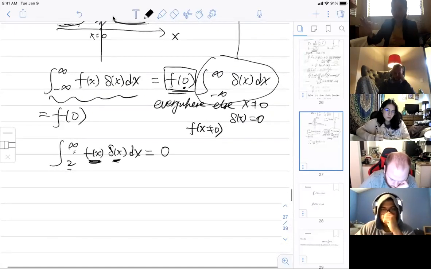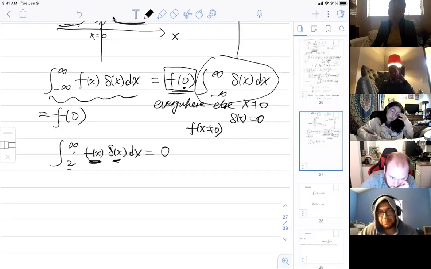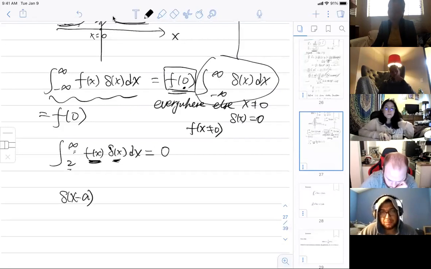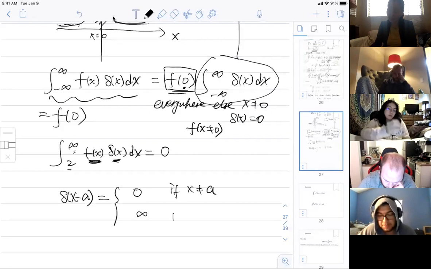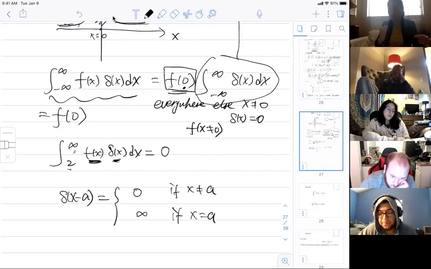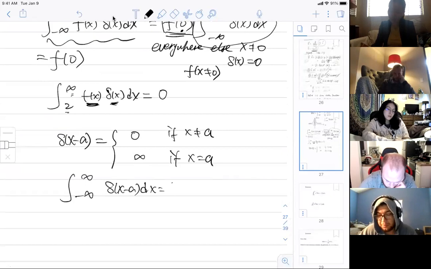Of course, you can move your delta function along the axis. If you have delta(x minus a), it will be 0 if x is not equal to a, and infinity if x equals a. You're just changing your coordinates. This is nothing fancy. Likewise, when you integrate it, the area under the curve is still 1, as long as you include x equals a in your integration.